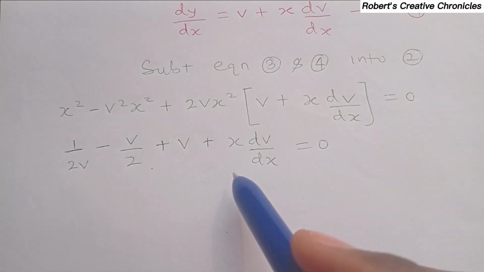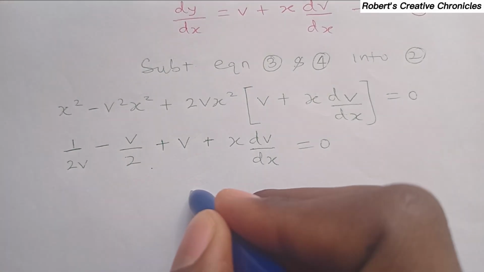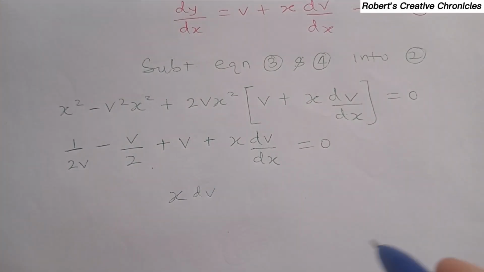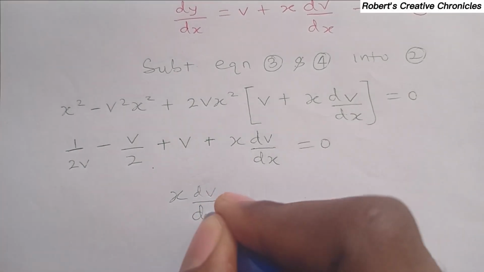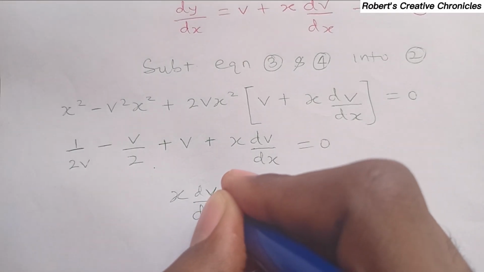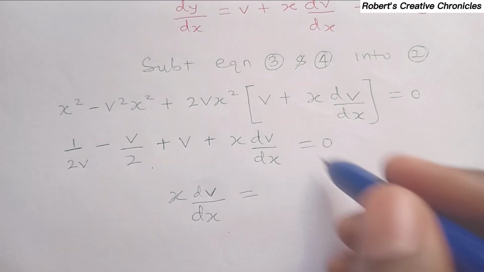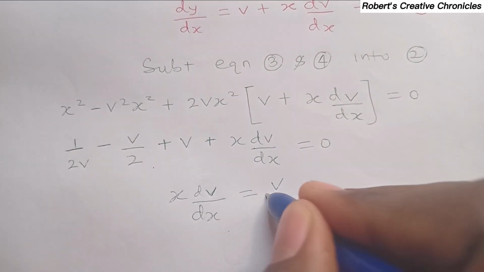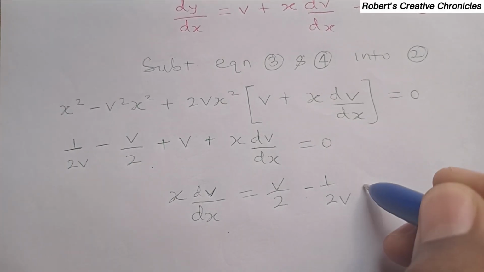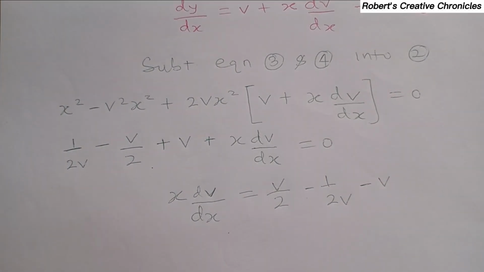So now we'll collect like terms. So here will be x, so this will become v over 2 minus 1 over 2v minus v.